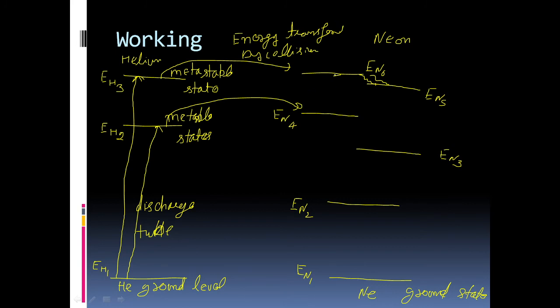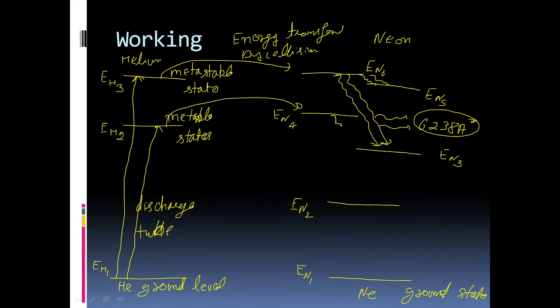Some of the atoms come down from E6 to E3, and they produce a photon of wavelength 6328 angstrom.